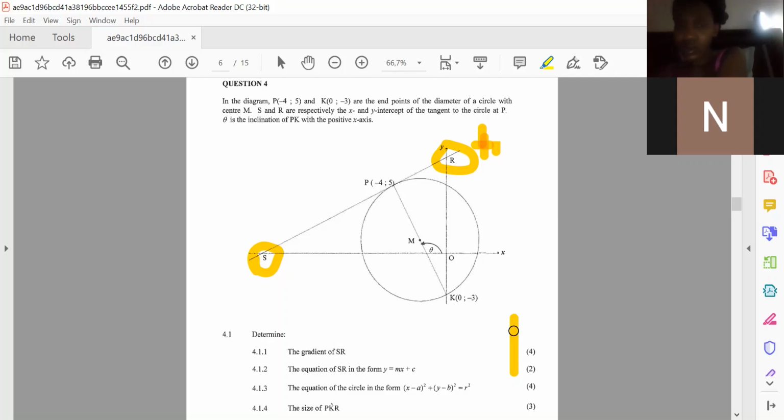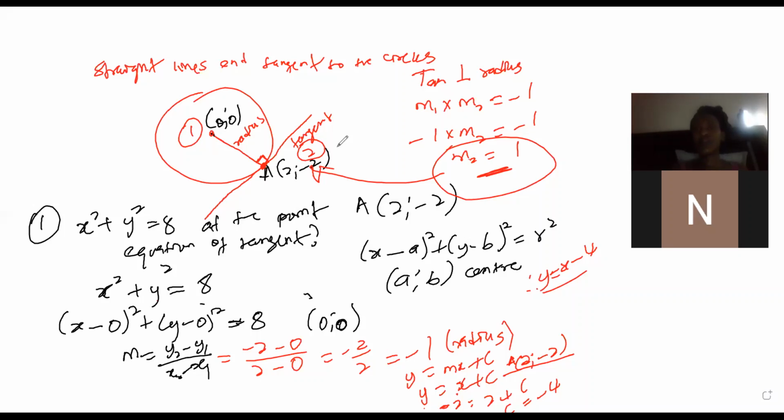We've got center M, passing through the center. All right, so we're given a circle like this, center M.